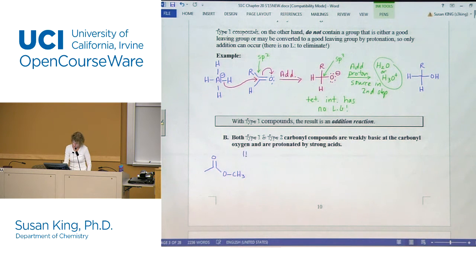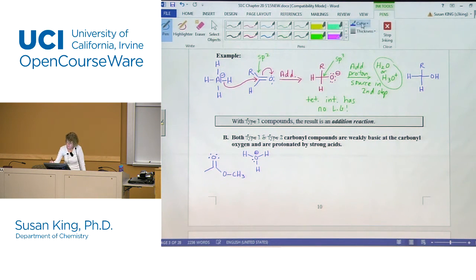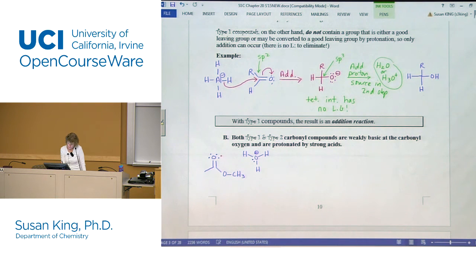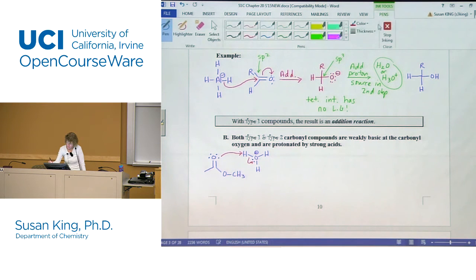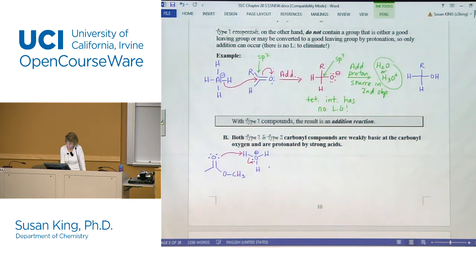If we add a strong acid to an ester, the carbonyl oxygen, which is the one that's part of the double bond, is weakly basic. But if you put a strong acid in there, it will be protonated by the strong acid. This is what the conjugate acid would look like, a protonated ester.